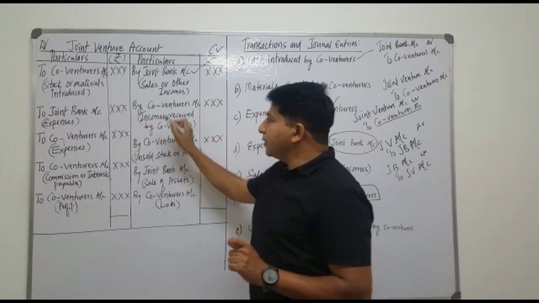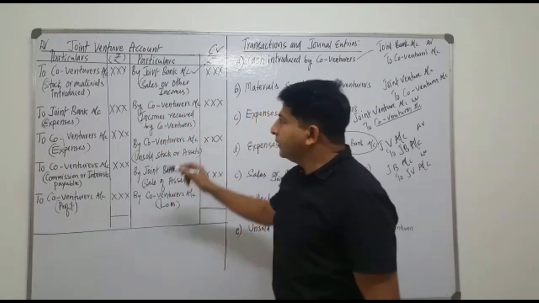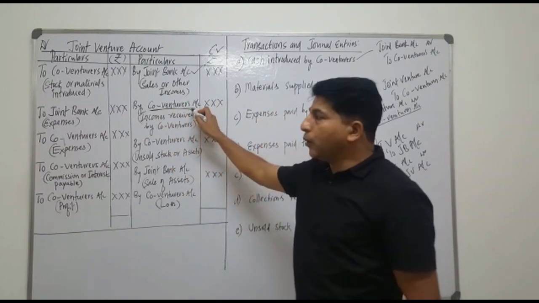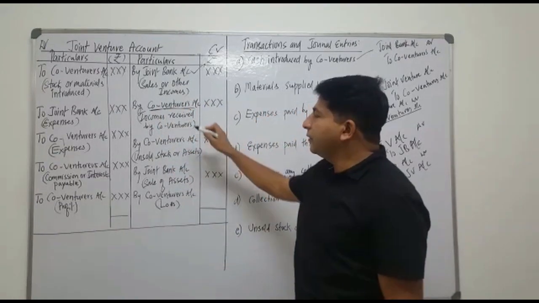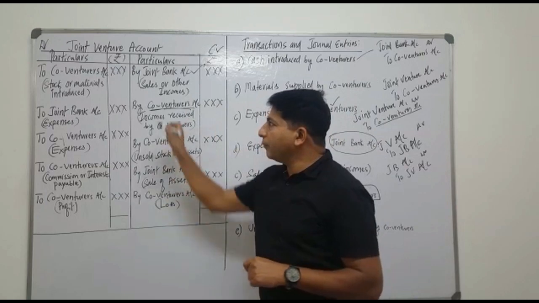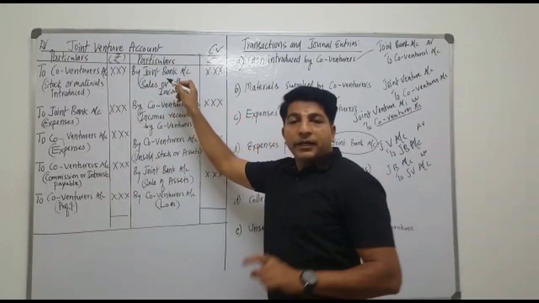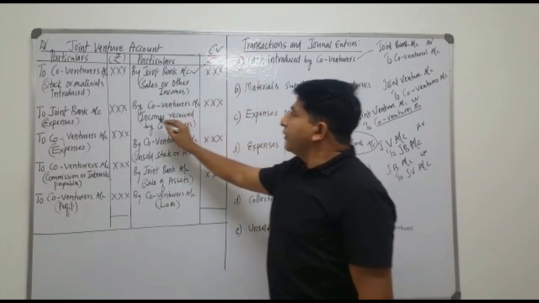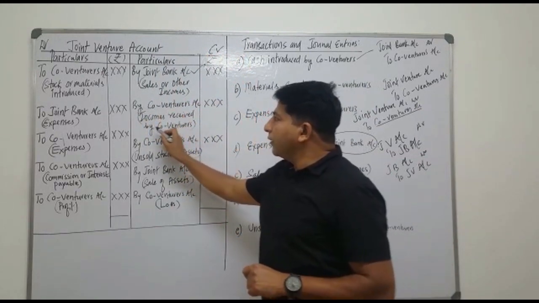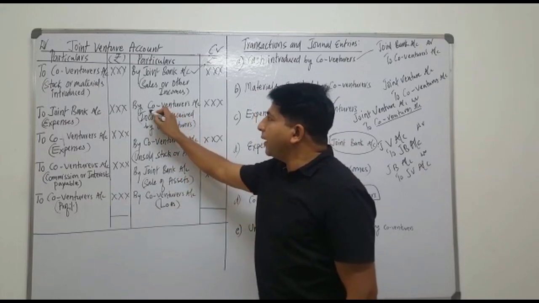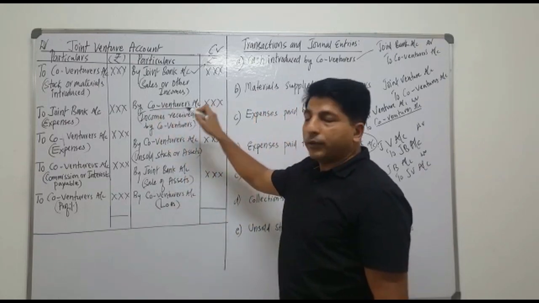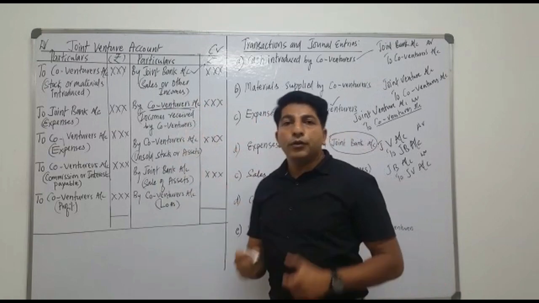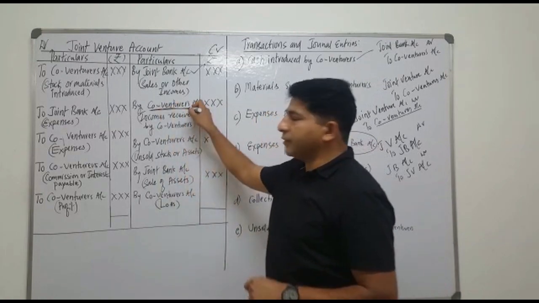Then if any incomes or sale proceeds are received by the co-venturers directly, then we have to write the name of the co-venturers, because these entries are made for the amount receivable from the co-venturers.